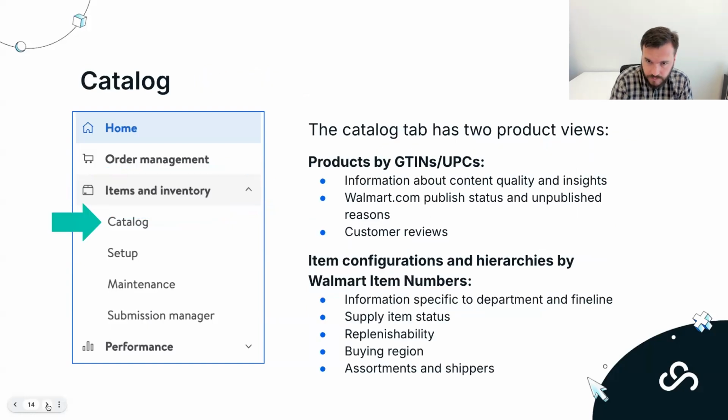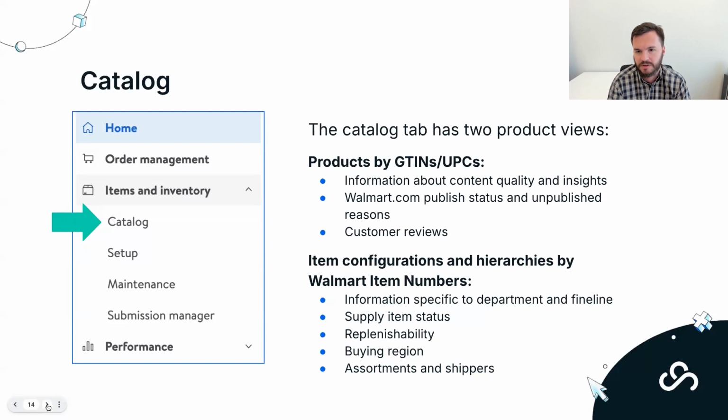So the catalog has two product views. Basically, this is just two different ways of seeing the items that you've got. You can look at them by GTINs or UPCs. This is information about content quality and insights. You can look at the .com published status and unpublished reasons, whatever those might be, and customer reviews as well.